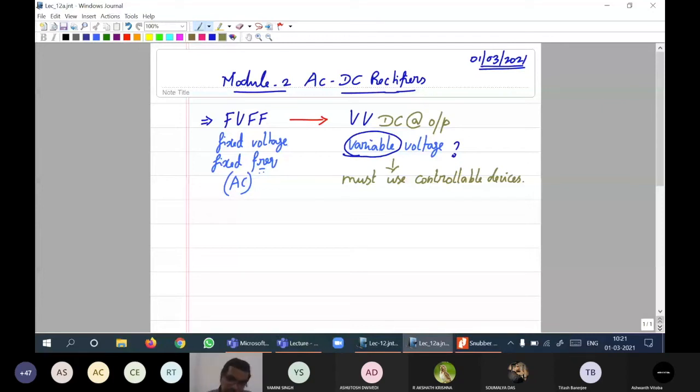Next point, control the devices. Now, the devices are actually controlled using the gate control principle. This is also called phase control.